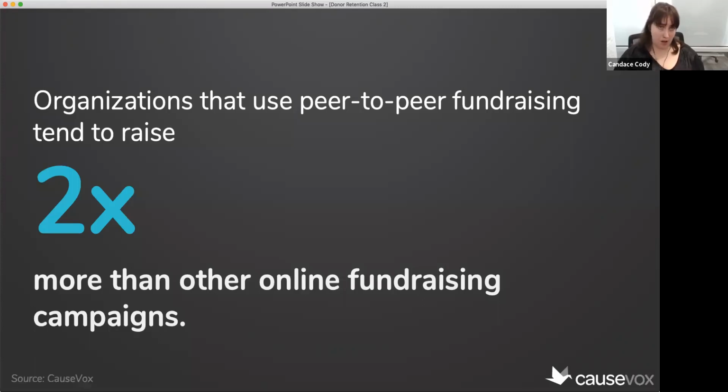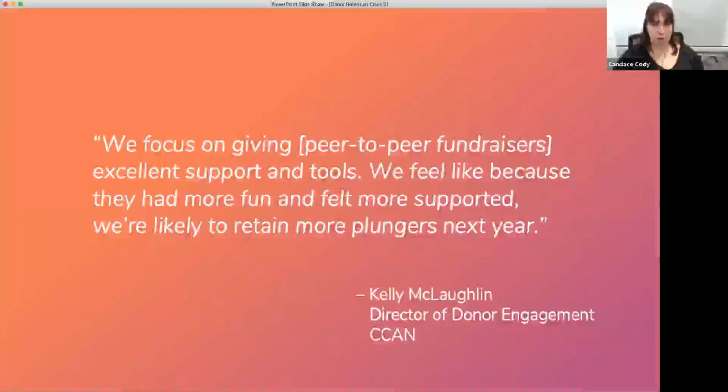And when you're thinking about peer-to-peer fundraising, almost everyone, if not everyone, that's going to be fundraising on your behalf is an existing donor. So it's basically a really interesting opportunity to engage your donor on a different level with an alternative ask if you don't want to ask them to give again right away.